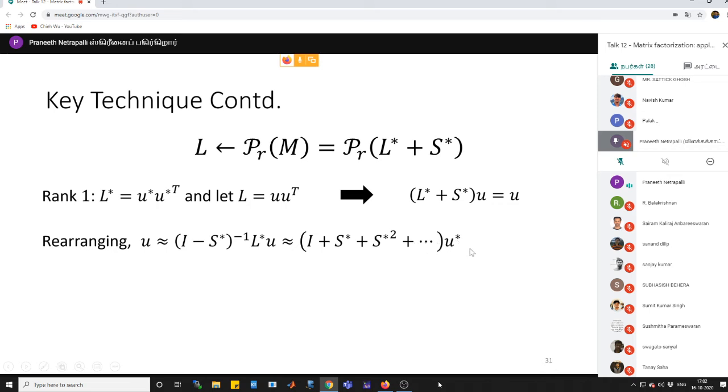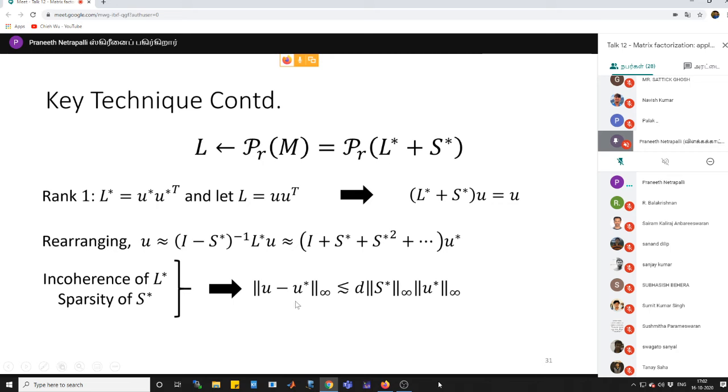So the good part is that on the right hand side, U is only captured in the scalar quantity, and this whole thing will again be an incoherent vector, which is very similar to U star, because the first term is U star, right? And once you take this to the other side, you will get U minus U star is S star plus S star square plus so on times U star.